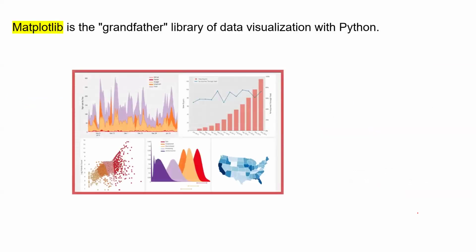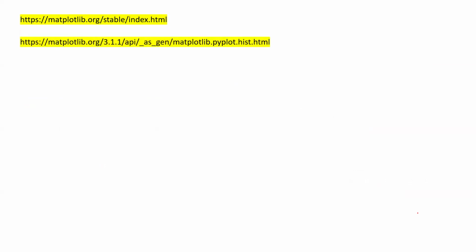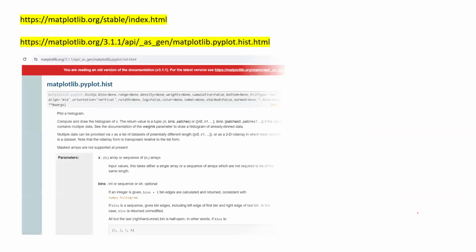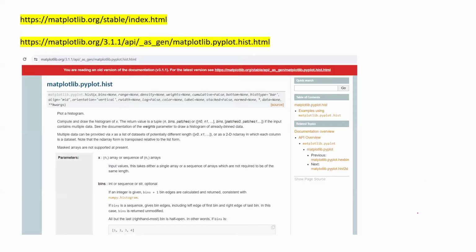We're going to use matplotlib, as you are familiar with it, a nice library for data visualization in Python. You can take a look at matplotlib.org, the page, and look for some documentation for a histogram. If you take a look at it, you're going to see some information about the syntax of a histogram.